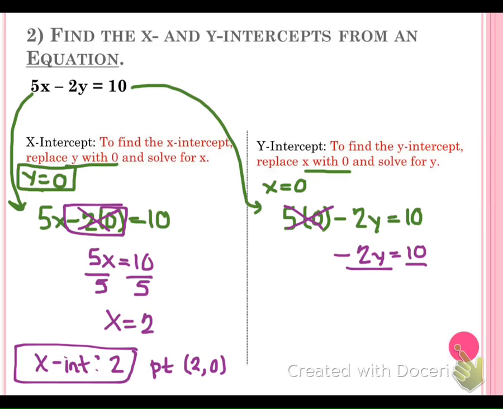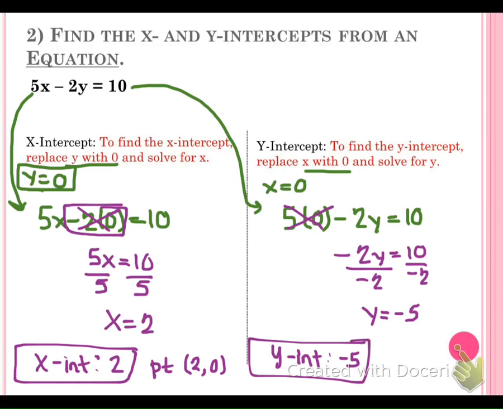Since I'm multiplying by a -2, I divide by a -2, and I get y equals 10 divided by -2, which is -5. So my y-intercept is -5, and the point would be my x is 0, and my y is -5. So that's where it would intersect my graph.